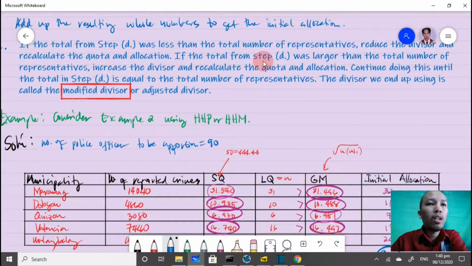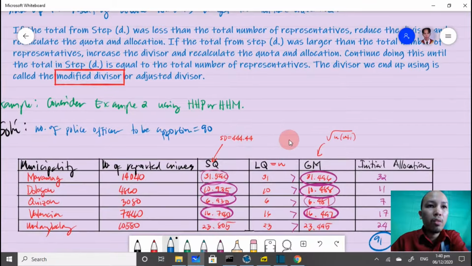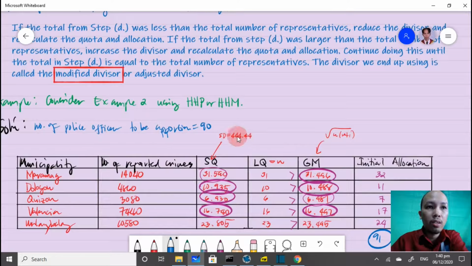If the total from step D was larger than the total number of representatives, you have to increase the divisor. So instead of 444.44, our modified divisor will be greater than this one.